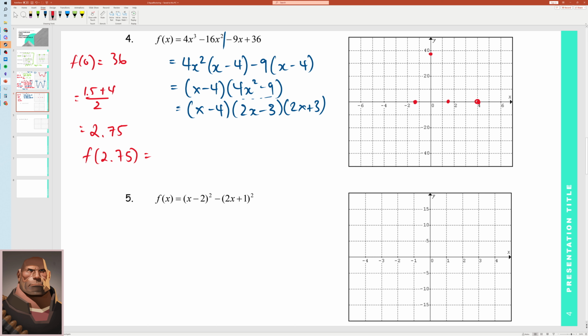Okay, so then we have 4 times 2.75 squared, no, to the power of 3.